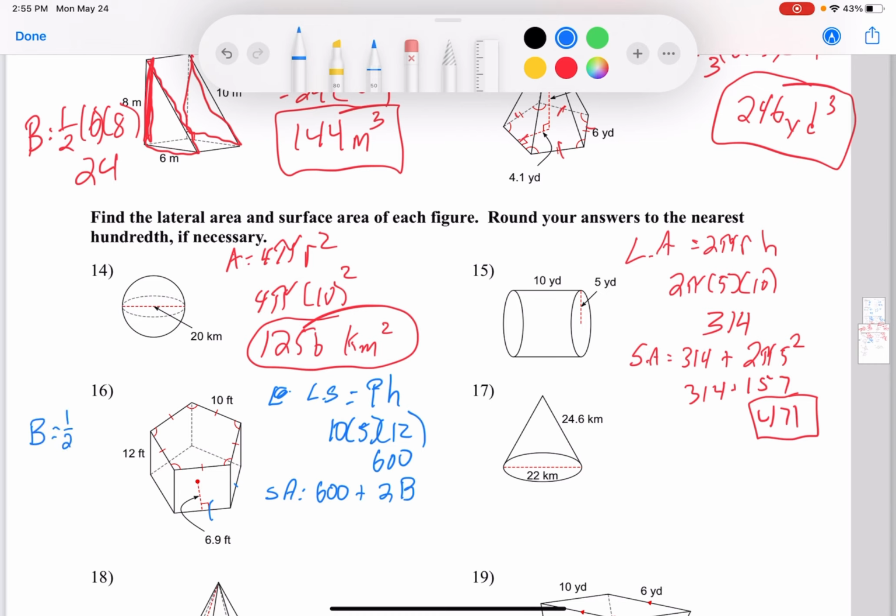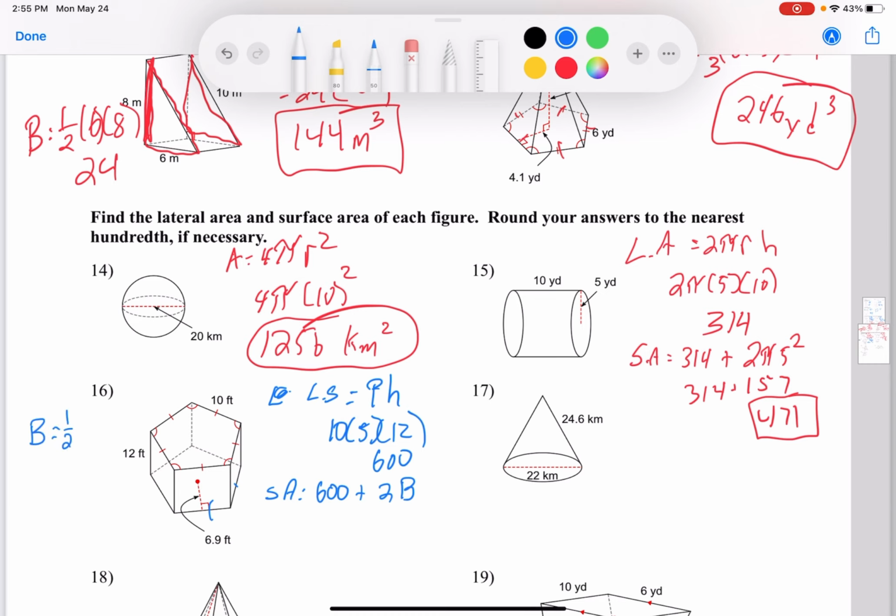Number 17. We've got a cone. So the lateral area of a cone is pi r l. So pi times 11 times 24.6. 849.7.